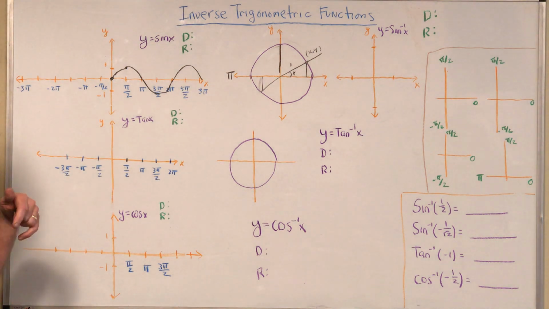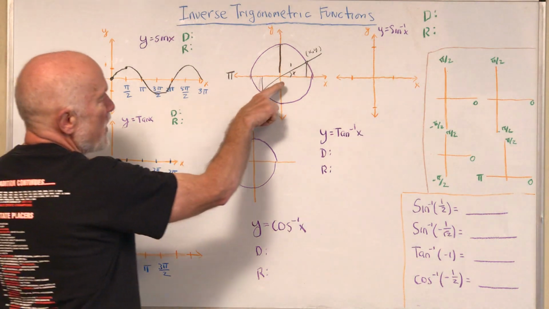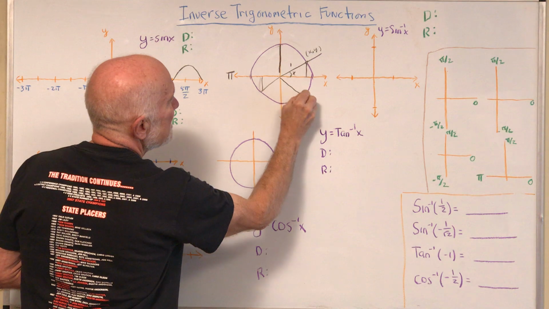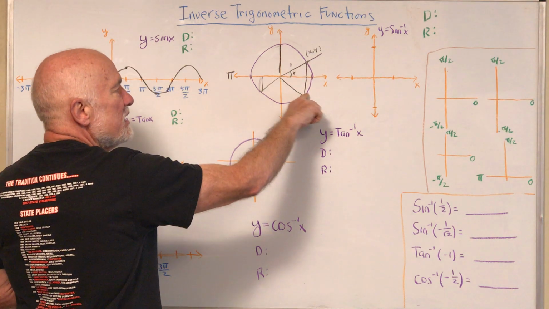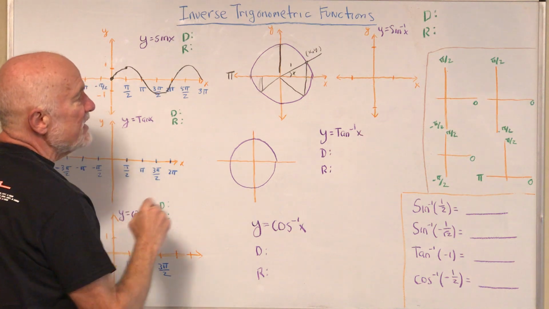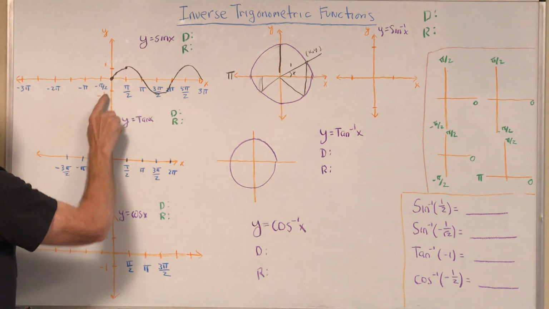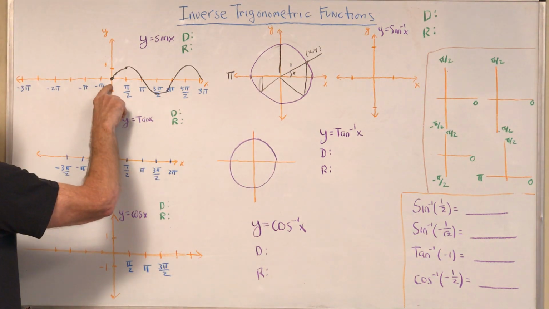And if x is measured in a negative amount of radians, then you're going to go clockwise. And now you can see right away you start out with negative values of y. So if you went to negative pi over 6, you'd be at -1/2.